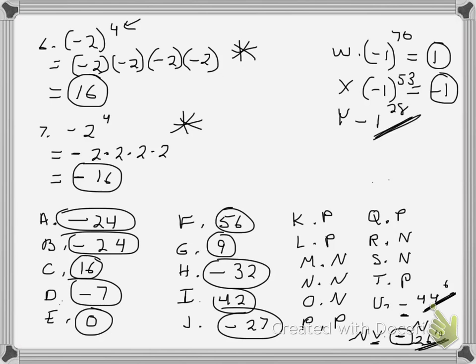This is 1, but this makes it negative. So my answer is -1. Make sure you're following through that idea. That's very critical. And then 0, I think that says 35. It might say 55, but let's say it says 35. That's 0 times 0, 35 times 0 times anything is 0.